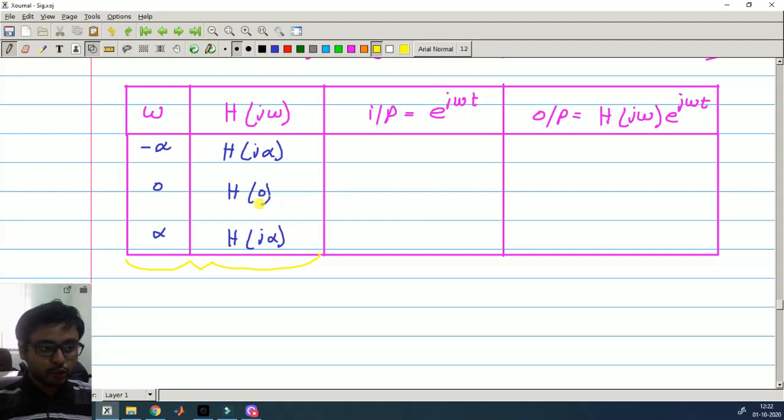So these two columns essentially tell everything about a system, and this is called the frequency response.